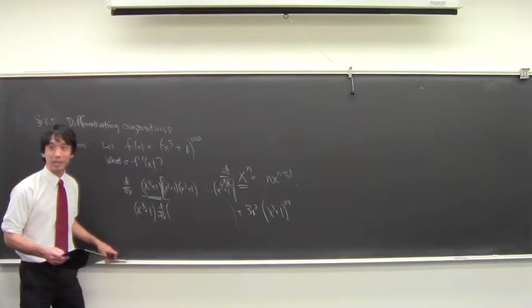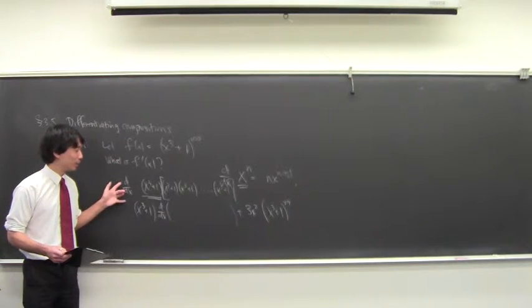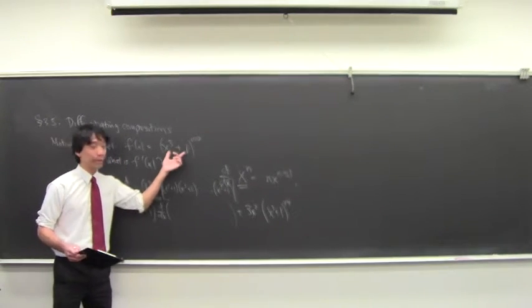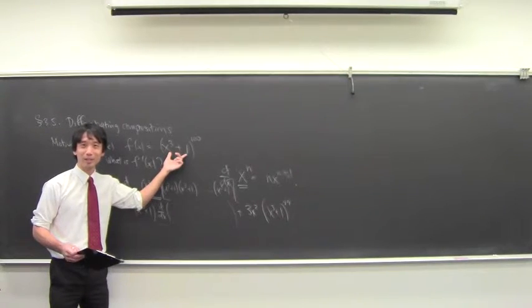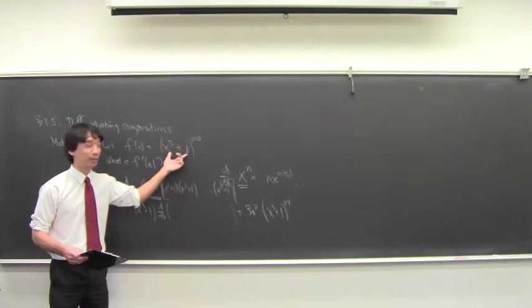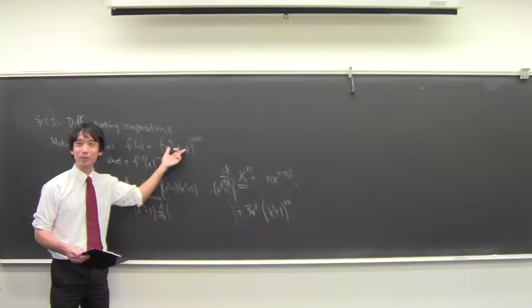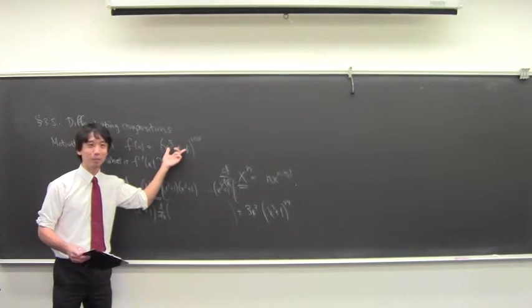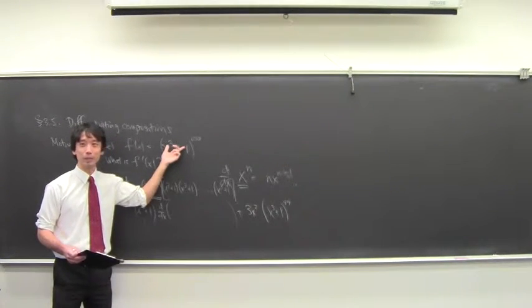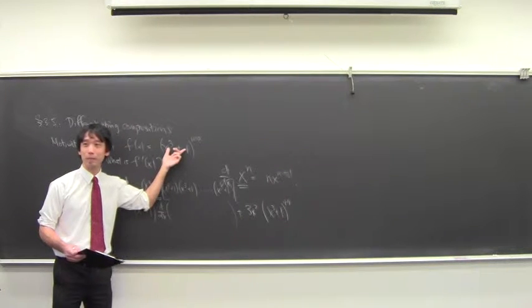Or, equally painful, would be to create a giant 100-row Pascal's triangle, put the coefficients on, and then differentiate all the monomials. That's basically what you have to do at this point in the game.